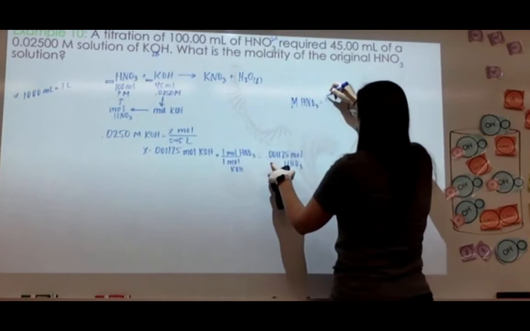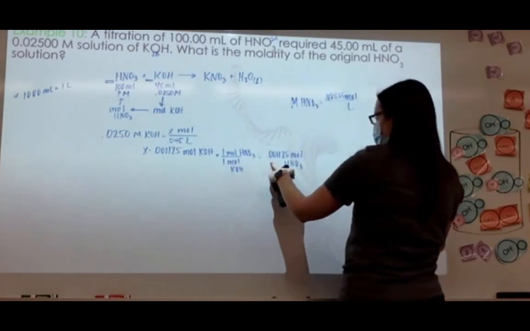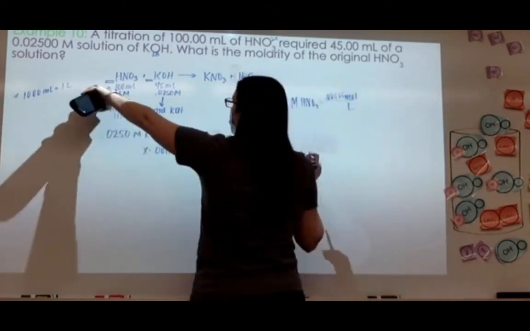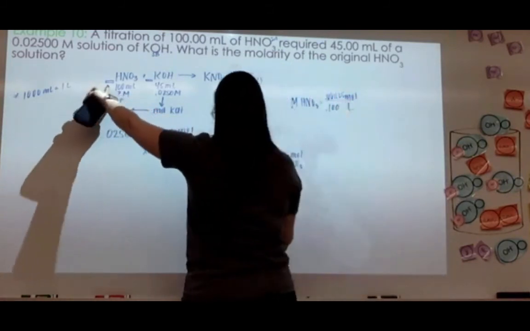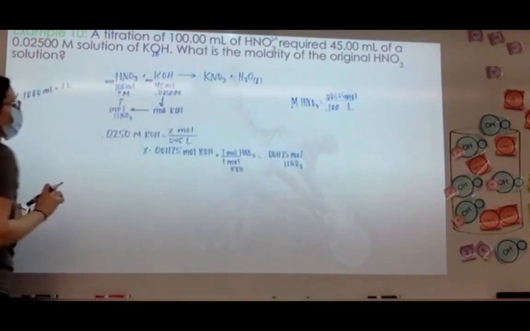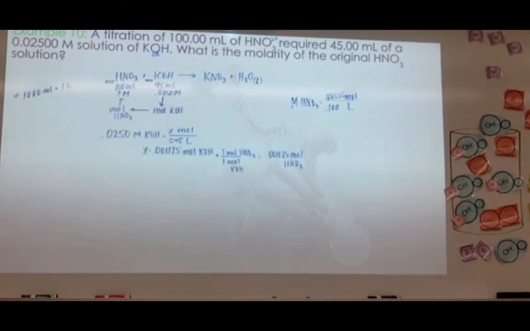So 0.001125 moles over, not 100 liters, but 0.1 liters. Molarity has to be in liters.